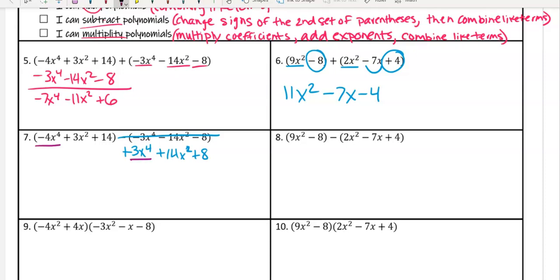So we have 3x to the 4 and negative x to the 4. That leaves us with negative x to the 4. Then we have 3x squared and 14x squared. Those put together, we have 17x squared. And lastly, we have 14 plus 8, which gives us 22. There's our answer.